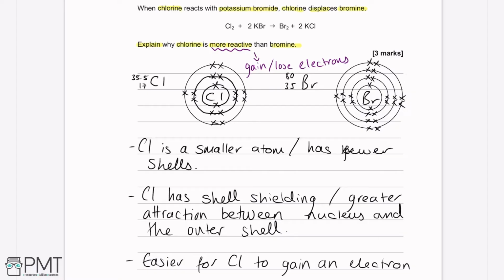So it was a 3-mark question, 1 mark for saying that chlorine is a smaller atom, or it has fewer energy levels, or the outer shell is closer to the nucleus. The 2nd mark for saying that chlorine has less shielding, or saying that there's a greater attraction between the nucleus and the outer shell.